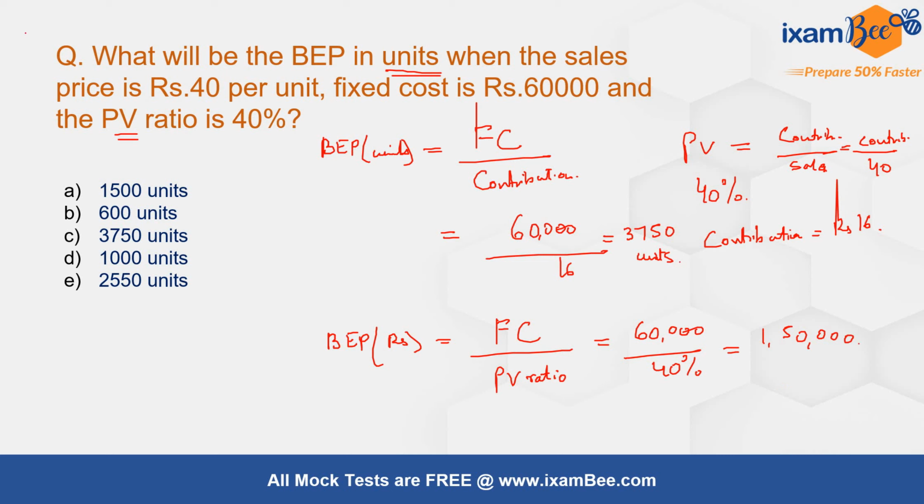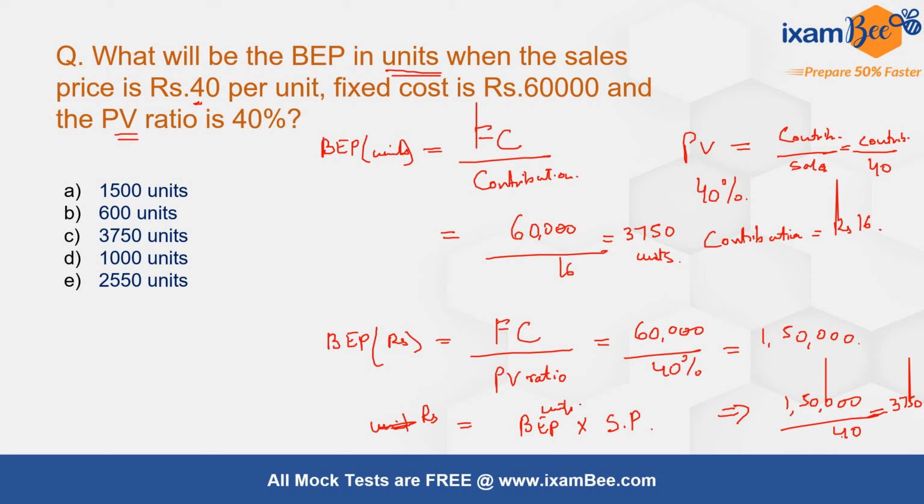Now I know that my selling price is 40 rupees, right? So if I have to calculate it in unit terms, this will give me 1,50,000 divided by 40 rupees, 3750.